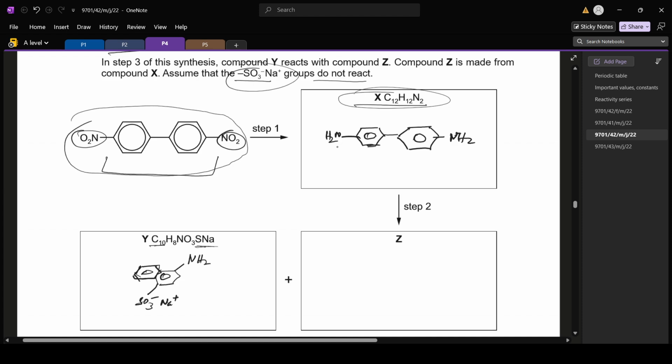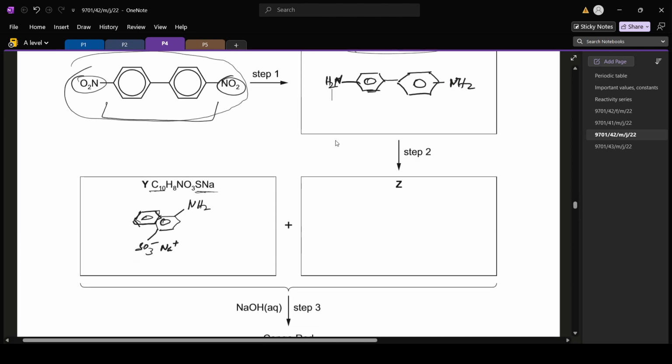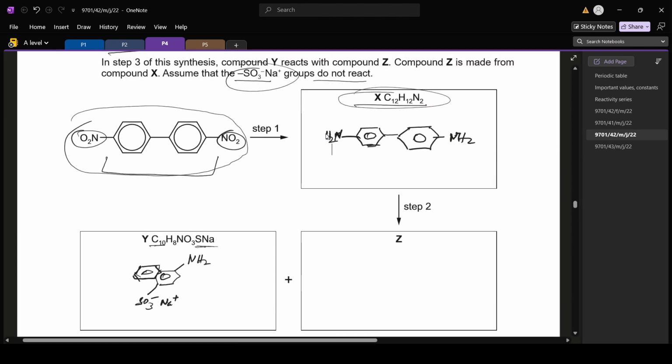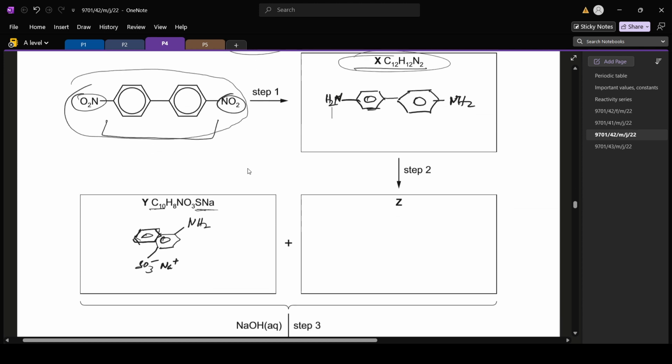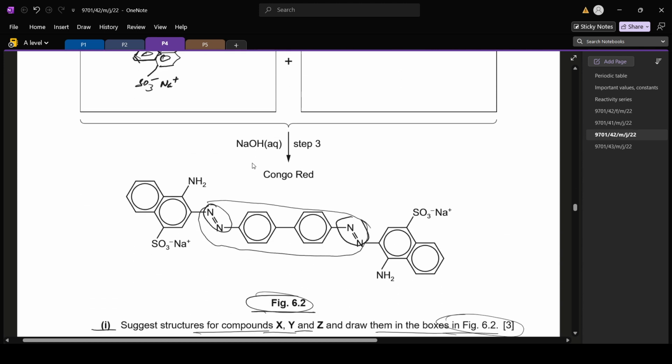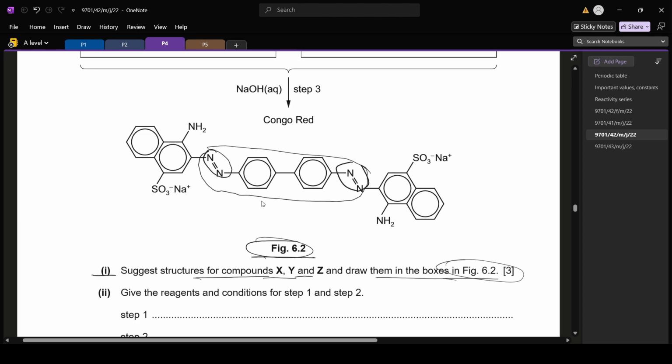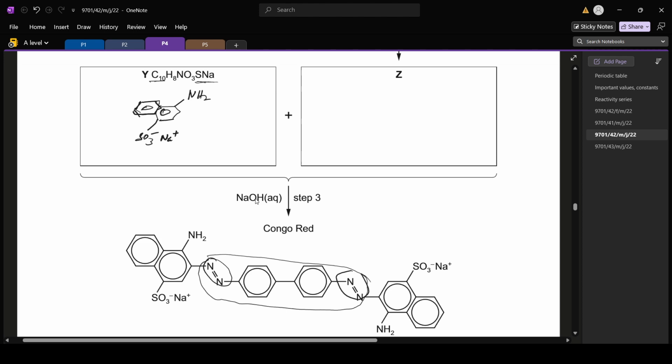If you count the number of carbon, hydrogen and nitrogen atoms, you will see that this compound is correct. You have to just realize things, and these things come with practice. So practice is very important.